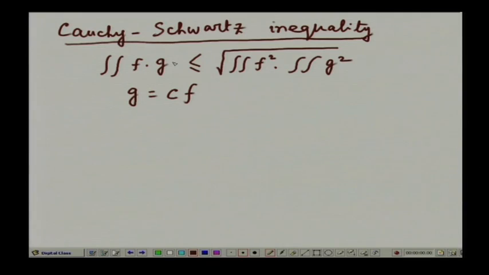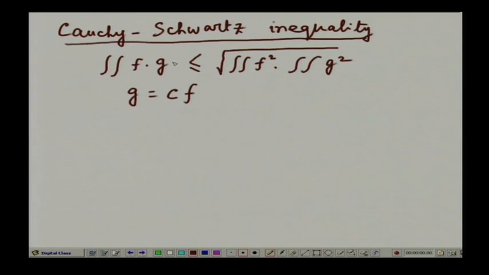Otherwise, the left hand side will always be less than the right hand side.